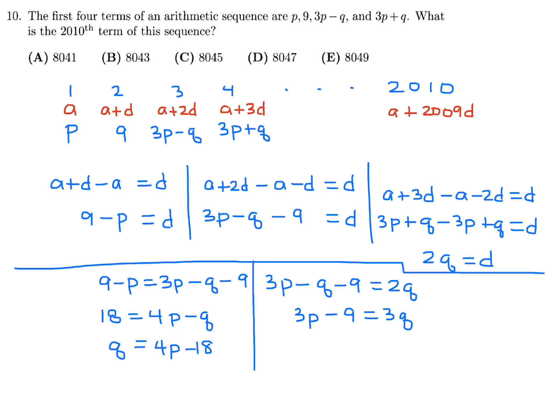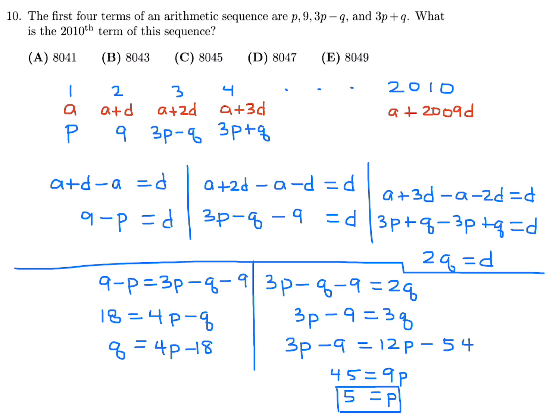At this point, we can just substitute, because we've got two equations, two variables. You guys have done this a million times. Substitute for q. You get 3p minus 9 is equal to 12p minus 54. That means that 45 is equal to 9p, and therefore p is equal to 5.